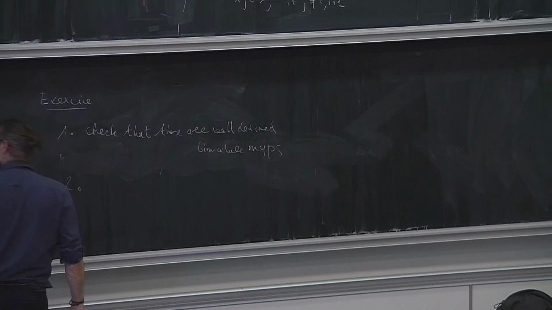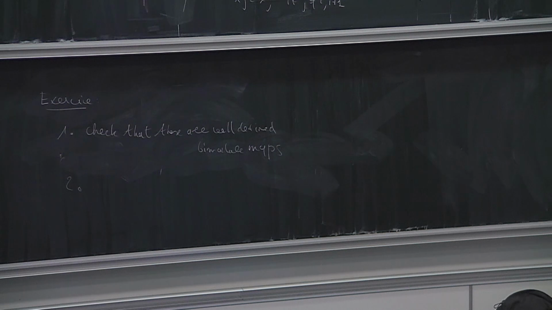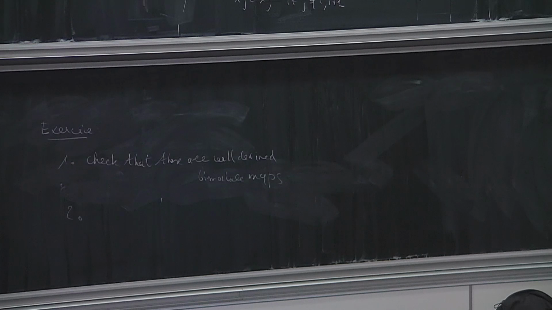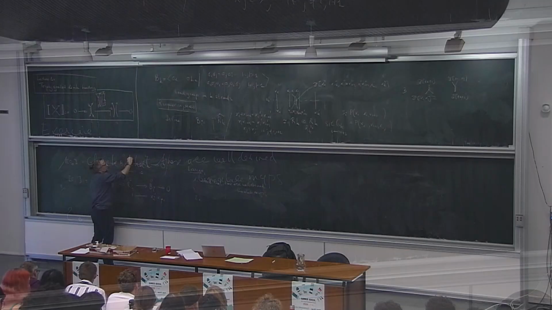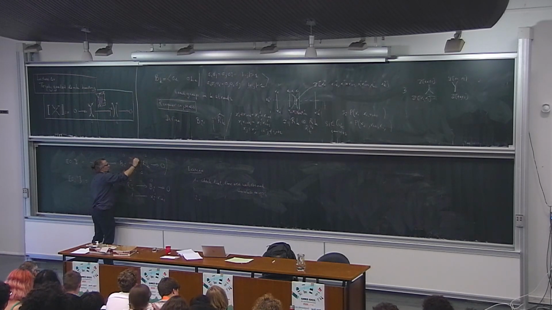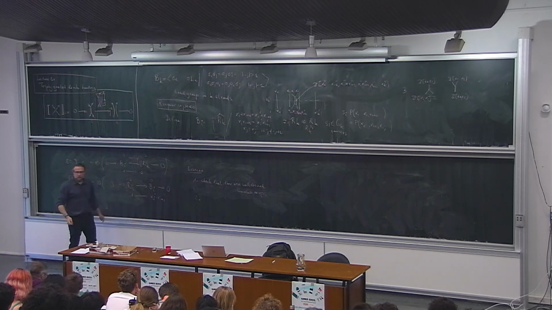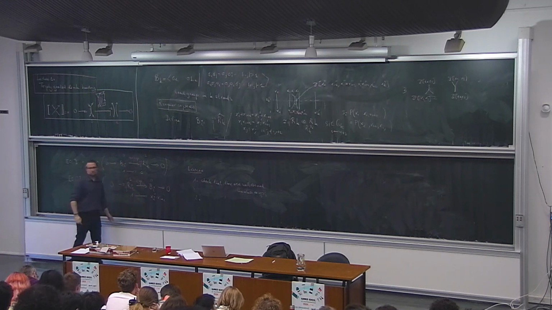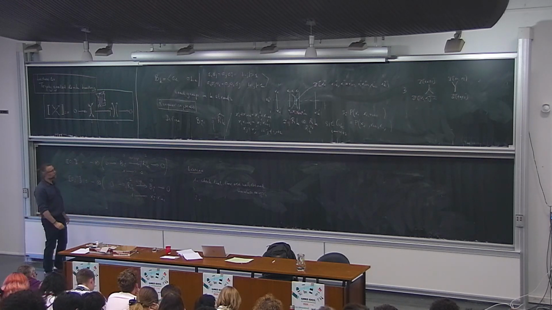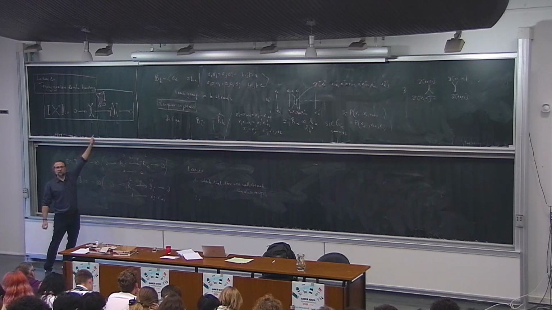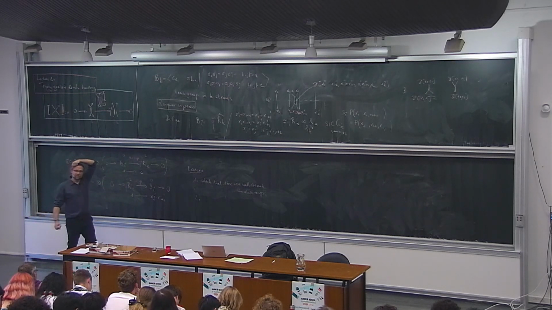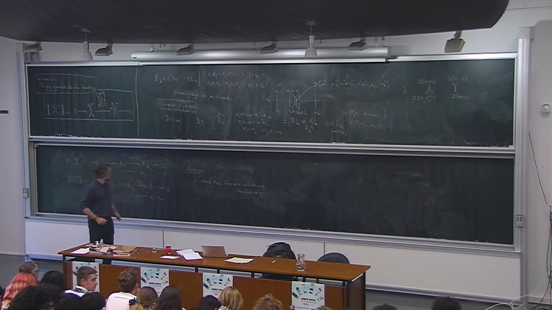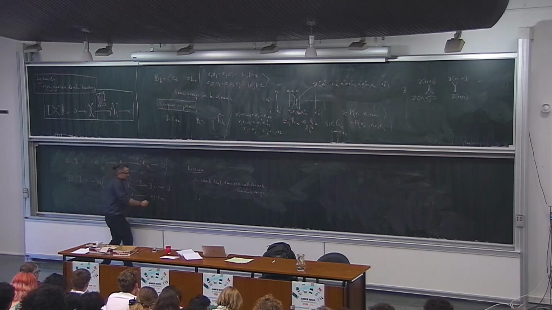Slightly more tricky: this is a bimodule map, and let's call this unzip, for a reason, and this is zip. If you want to know why I call it like this, look at the picture on the top.